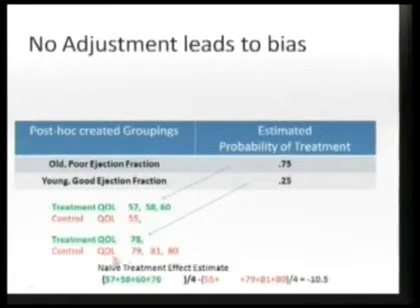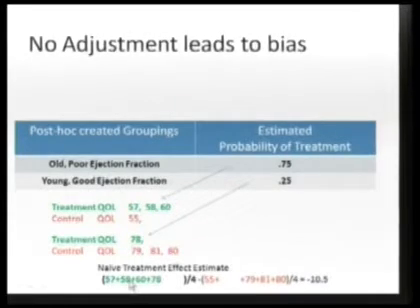So I made up some data here for a very small trial. I like big trials, but this was easy to put on the slide. I have three people in this stratum who got the treatment. These are their quality of life scores. One person who got control, here's their quality of life score, not much going on. Similarly, in contrast here in the other grouping, control group is more common than treatment.